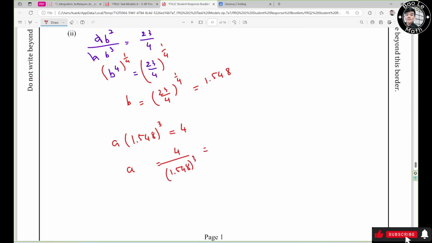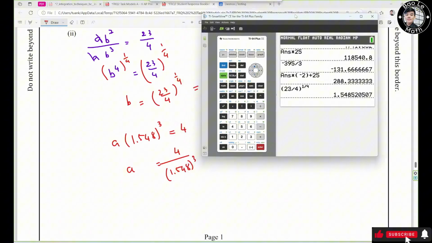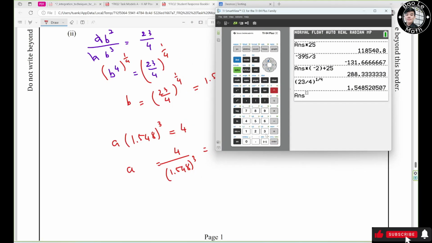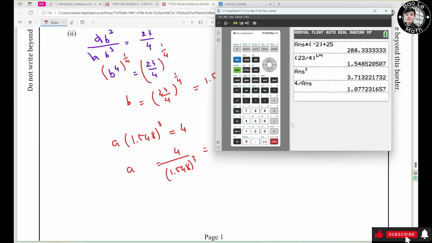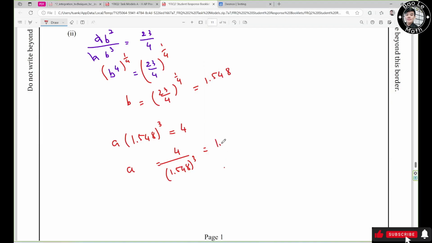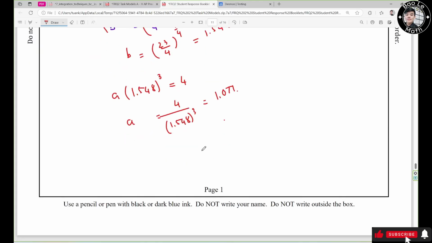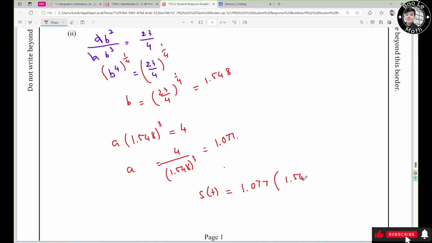I need to raise it to the power of 3, and then take 4 divided by this answer. Hit enter. This could be 1.077. So I have the equation s of t equals 1.077 times 1.548 raised to the t.